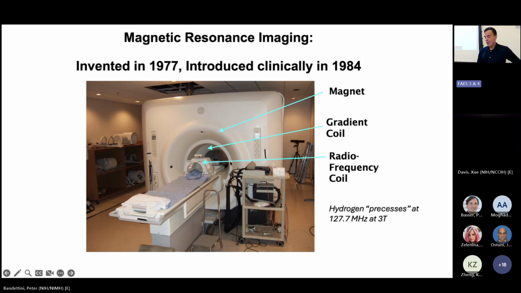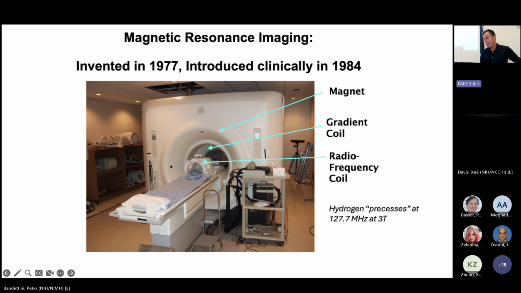And so essentially the magnet contains many different things. There's basically the superconducting wire to make the magnetic field. To keep the wire cool, you have a dewar of liquid helium. And then inside are the gradient coils that spatially encode the images.